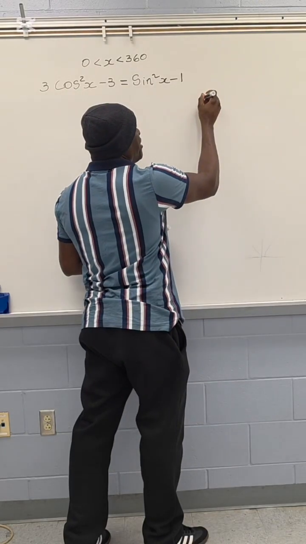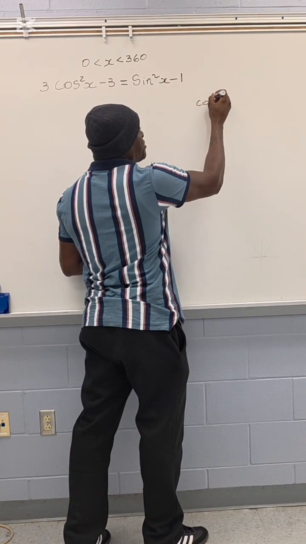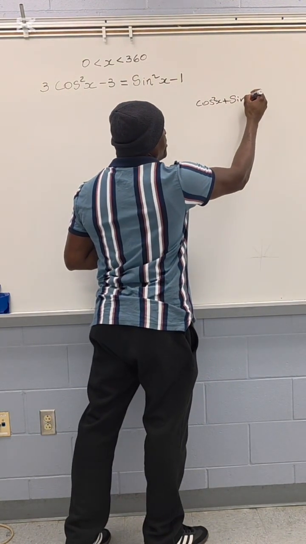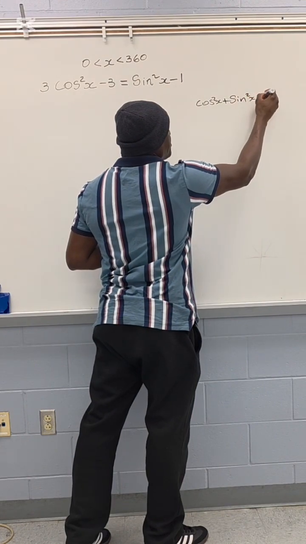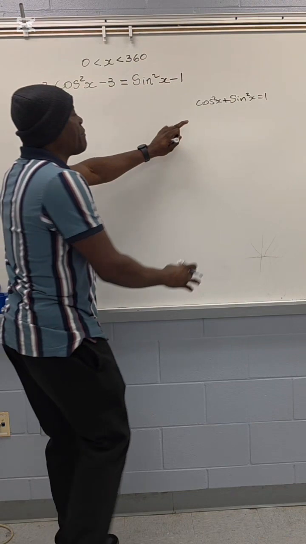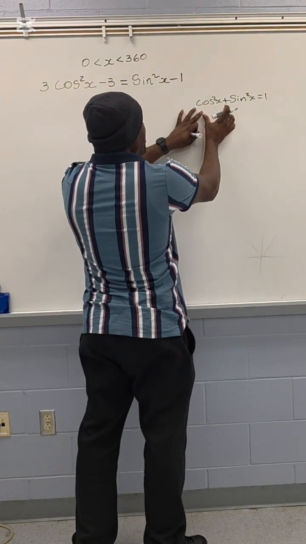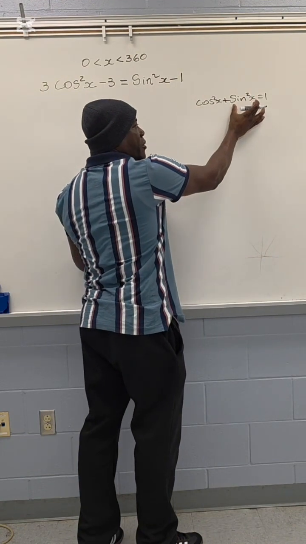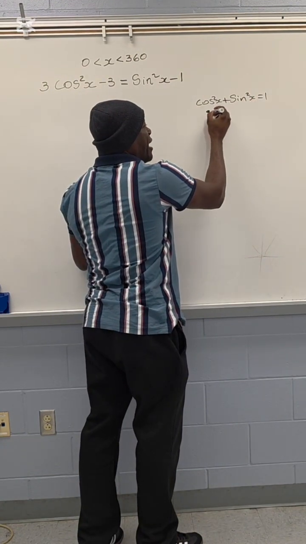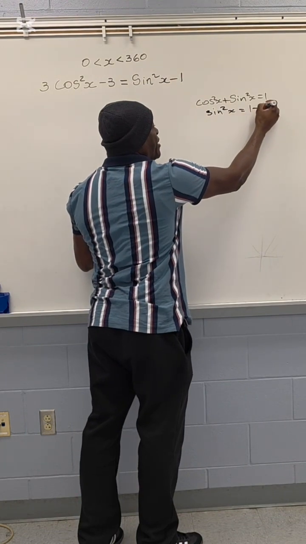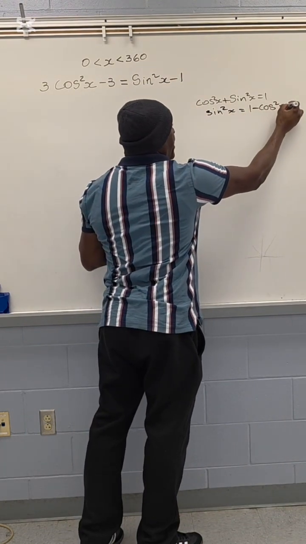You're going to recall the idea that cos square x plus sine square x equals 1. So if I transpose, so the sine square is by itself, I'm definitely going to have sine square x equal to 1 minus cos square x.